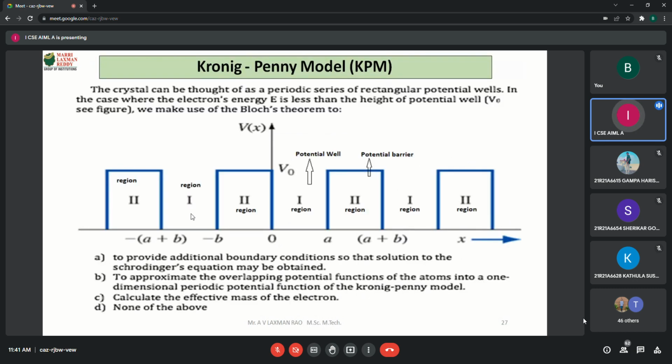If you take the Kronig-Penney model, the potential energy of the moving electron in a periodic field is in the form of a square well and barrier, well and barrier, that is, a rectangular or square form.